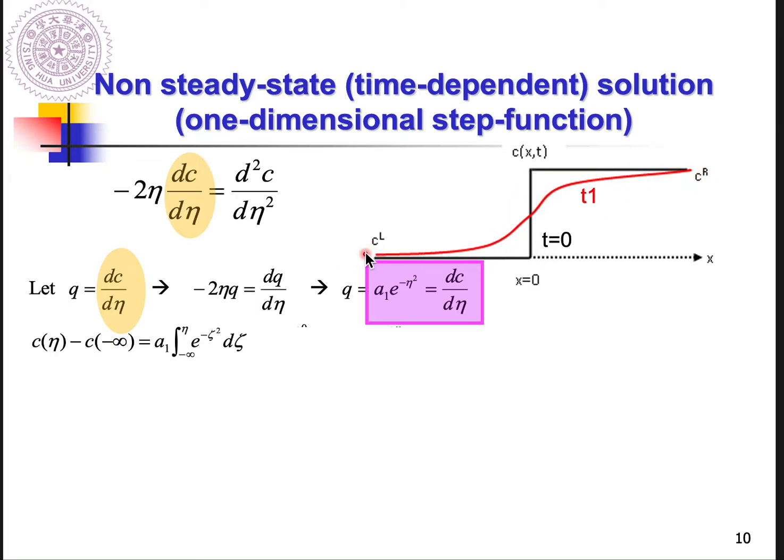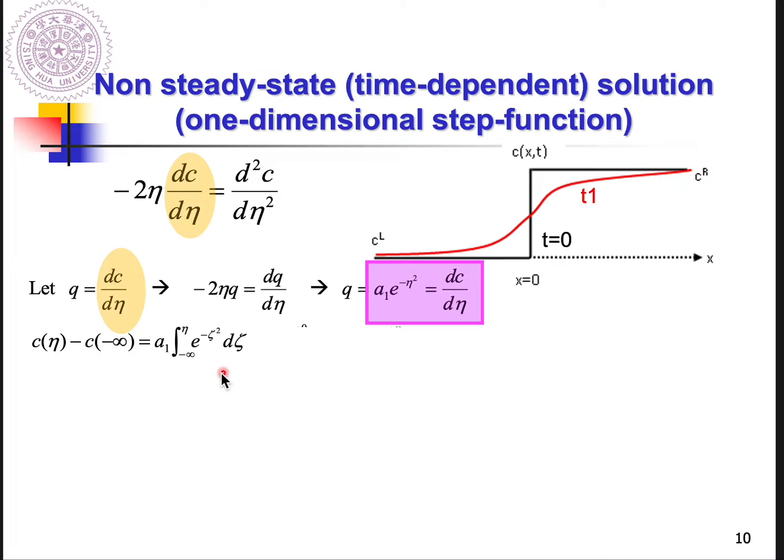The integral has a bottom limit and an upper limit. Based on this profile, the bottom limit will be negative infinity, and the upper limit can be iota. So you get C(iota) minus C(minus infinity), and you get this one.